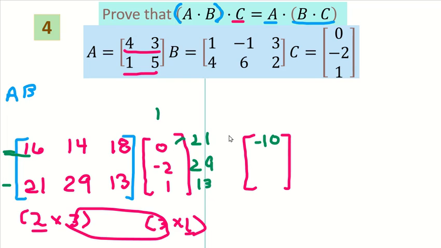Of course, 0 times anything is 0. 29 times 2, not taking any chances here, is 58, and that's a -58 because we're multiplying by a -2. So -58, and then 1 times 13 is positive 13. So add that together, and we get -45, and that goes here.